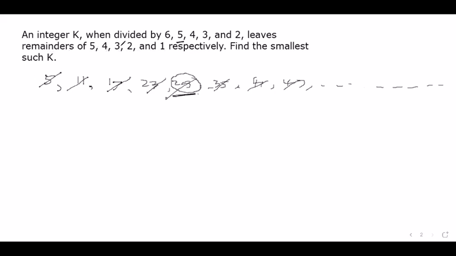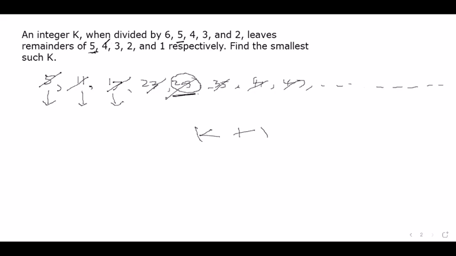Look, if the remainder is 5 when you're dividing by 6, it means that when you add 1 to this, it will be a multiple of 6. See, when you add 1, you're going to get a multiple of 6: 6, 12, 18. So the number that we are looking for is k. When you add 1, it's going to be a multiple of 6. Right. Now, if you look at 5 and 4, you have exactly the same situation.